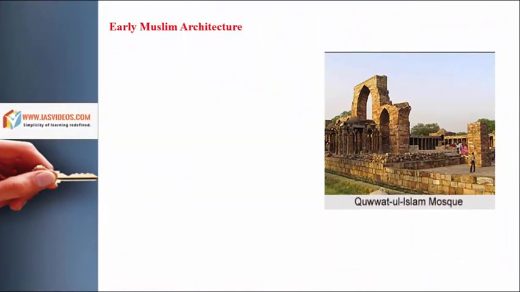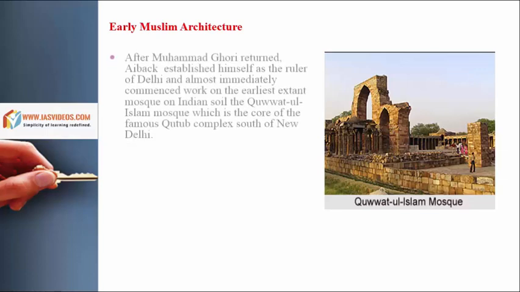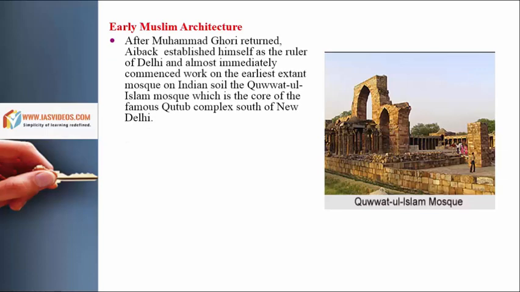Early Muslim architecture. After Muhammad Ghori returned, Aybak established himself as the ruler of Delhi and almost immediately commenced work on the earliest extant mosque on Indian soil, the Quwwat-ul-Islam Mosque, which is the core of the famous Qutb complex south of New Delhi.